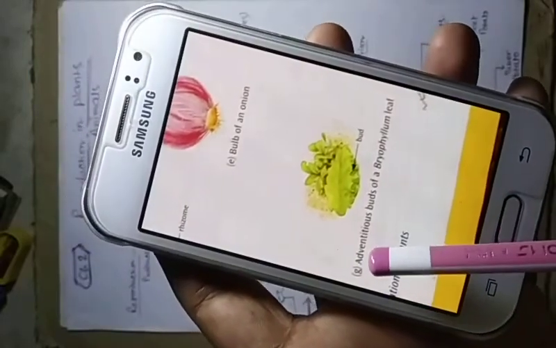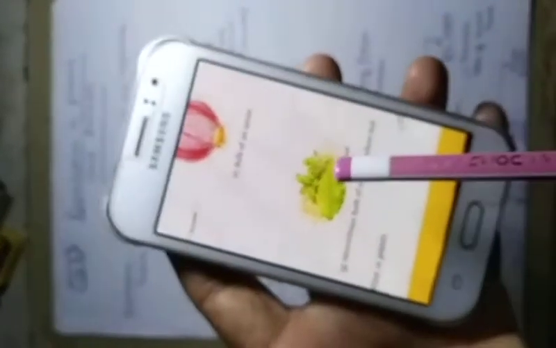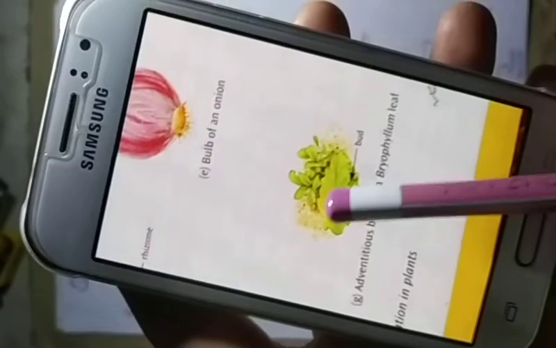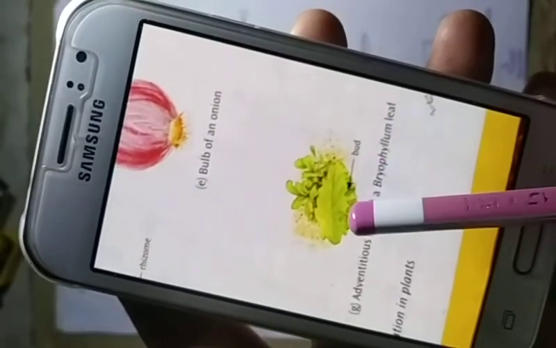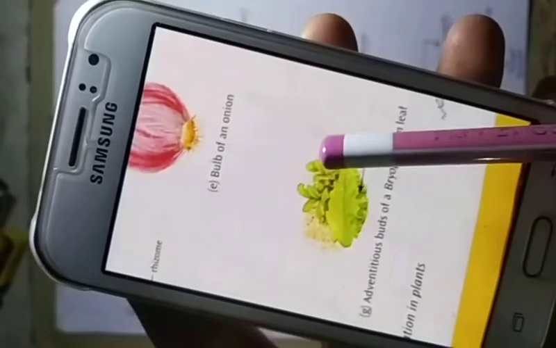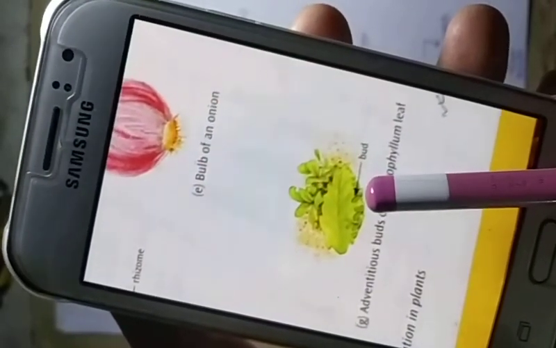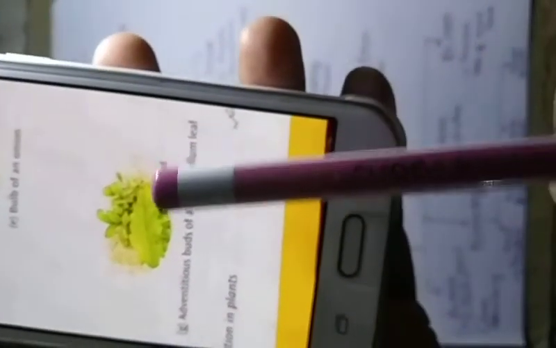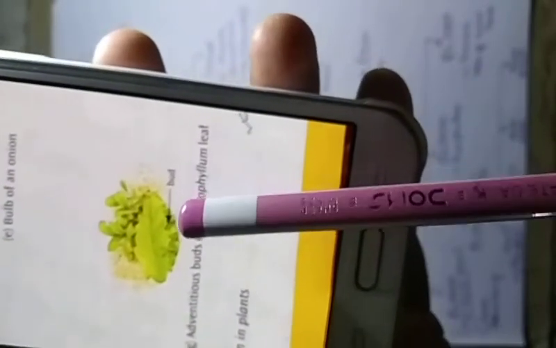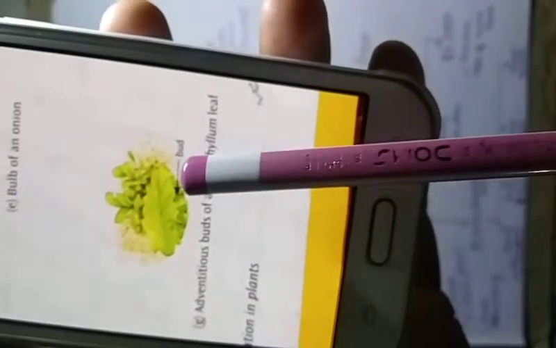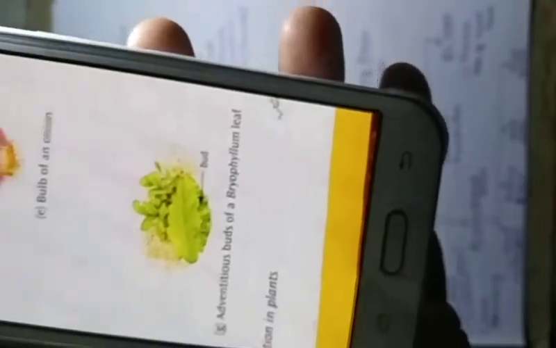Students, you can see this is a Bryophyllum leaf, okay, and at those buds a new plant will grow, with roots, everything. If you keep this leaf inside your book also, after some days you can see. So I hope you can understand.